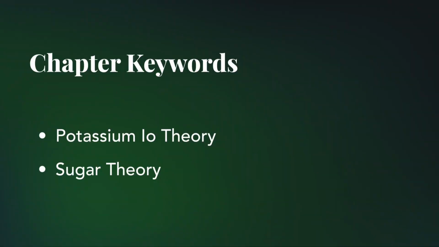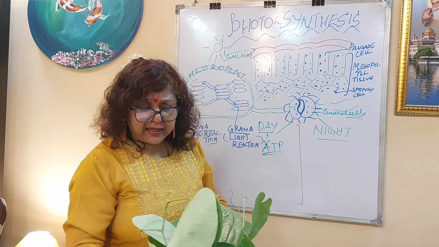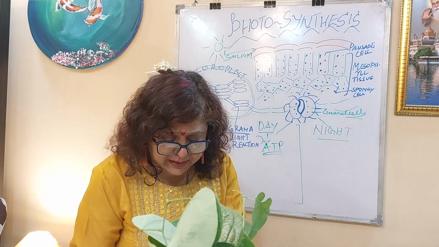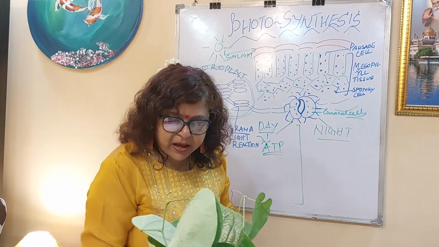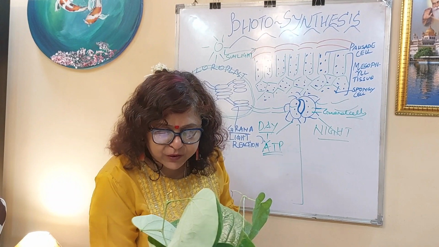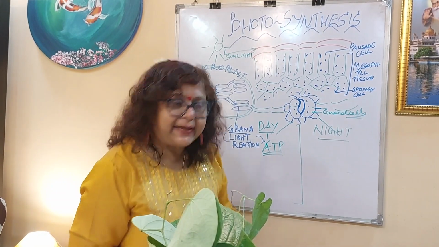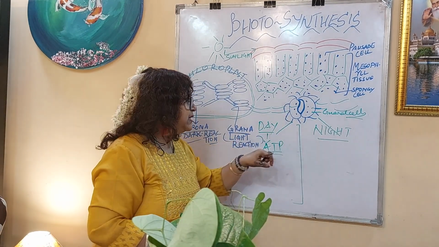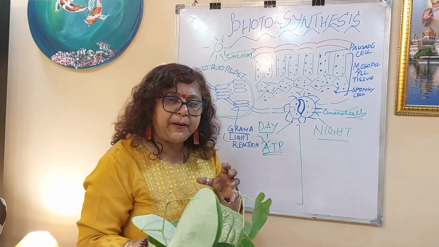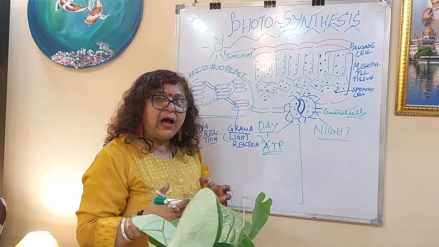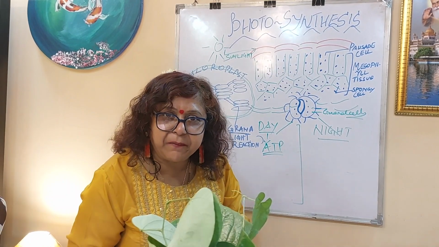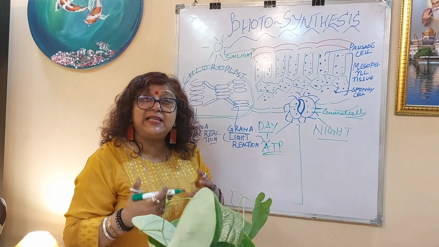To understand that, the cycle is very nicely given in your book, on page number 71, where they have shown the opening and closing of stomata based on the potassium exchange theory. Now what happens here in the daytime? In the daytime, these guard cells, which are kidney-shaped cells, show high concentration of potassium. Why? Because ATP synthesis takes place.